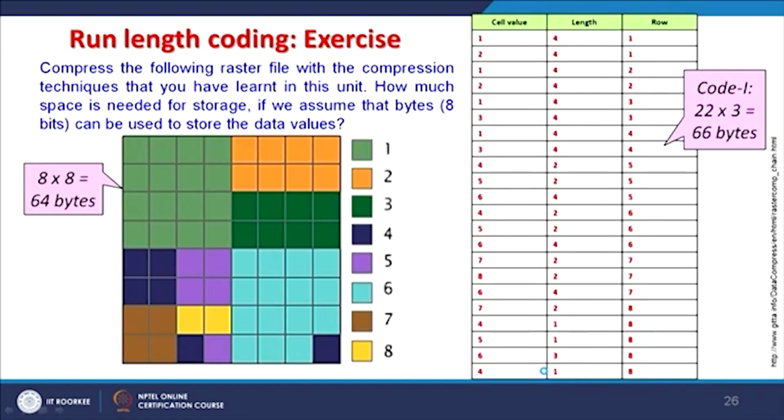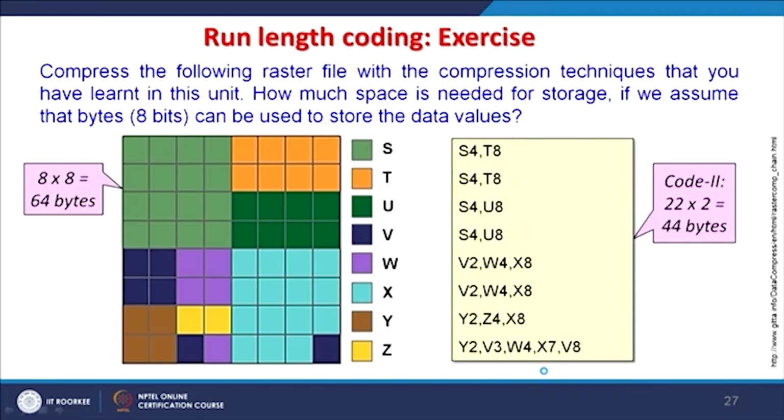Now I am leaving these two images, whatever we have discussed, these two exercises I am leaving for you to do at your end. One is this one, and another one is also for run length.